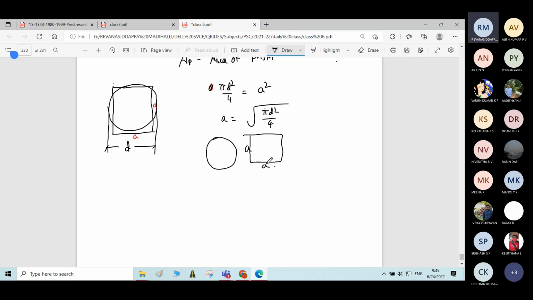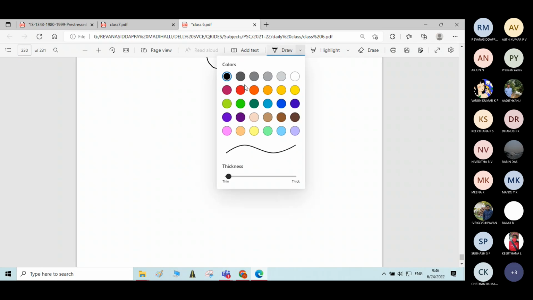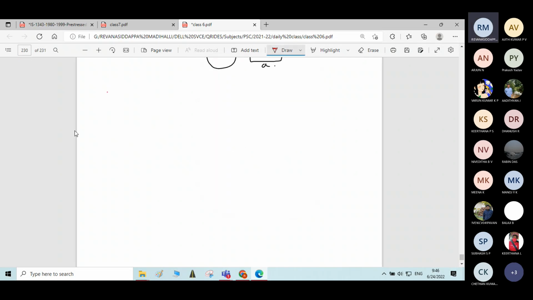And in your examination there may be a theory question on transmission length. Let us see what is the meaning of transmission length. For that, I will consider a beam.